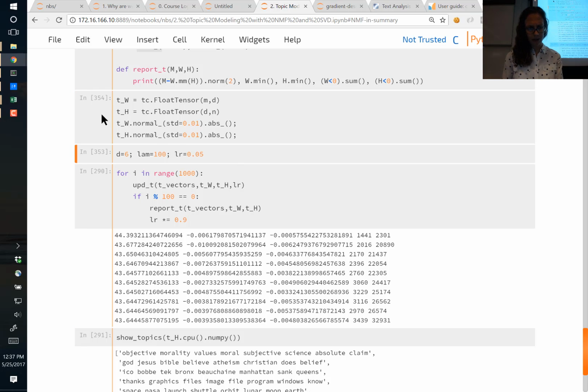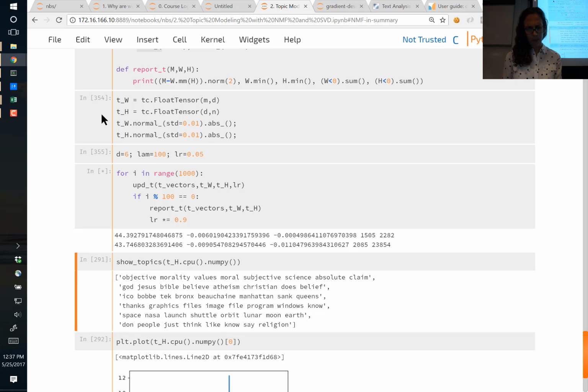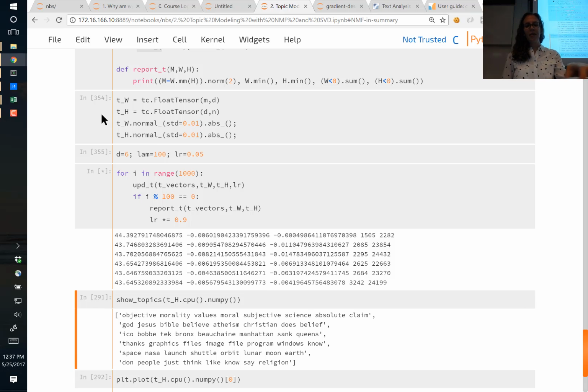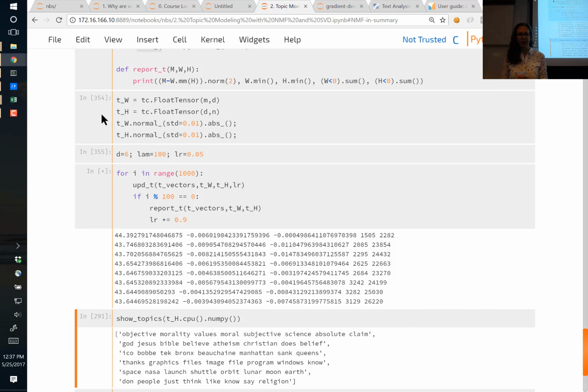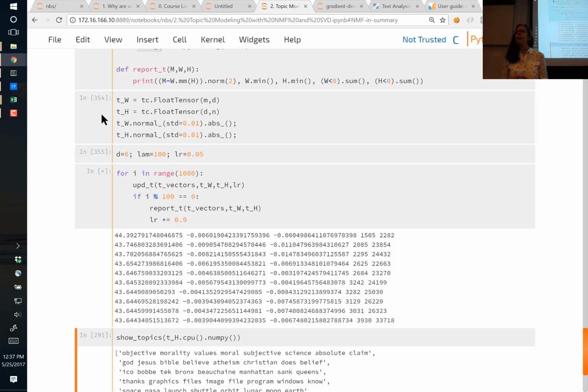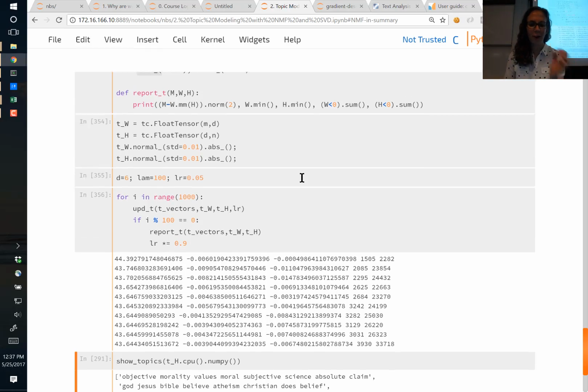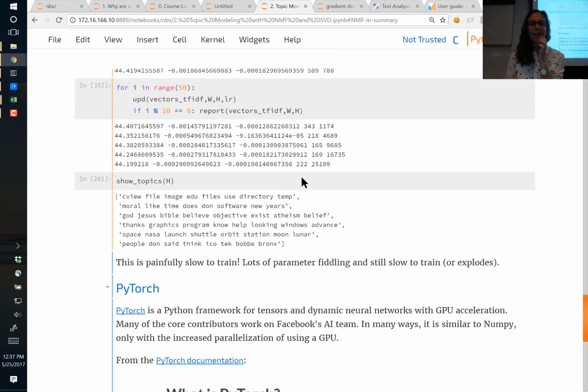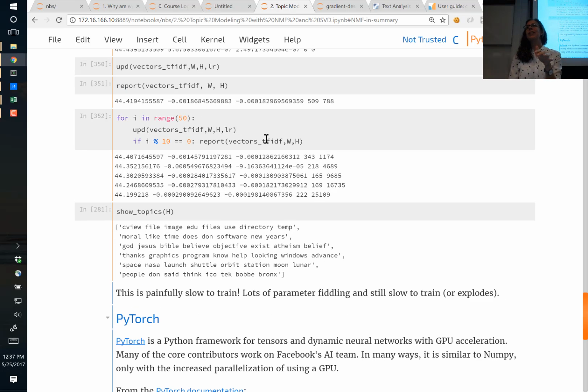Actually, I guess these are probably all still saved in here. So now you can see this is going much faster than before. And the one above, I actually probably should have run for... Previously each loop was only 10.